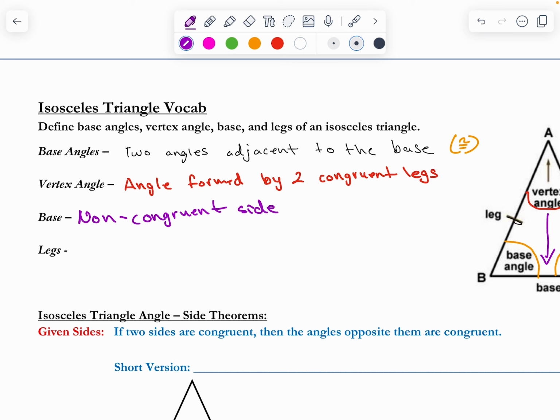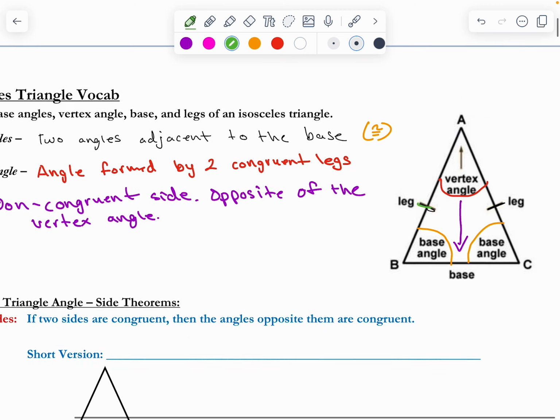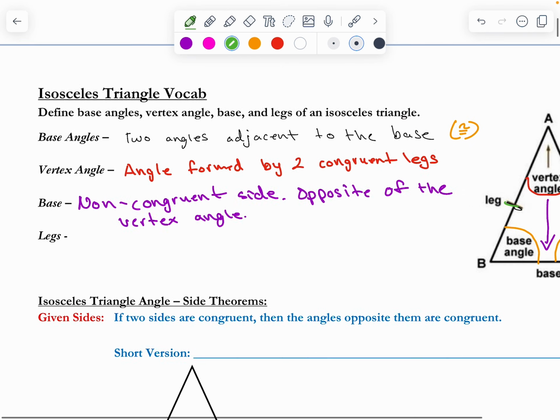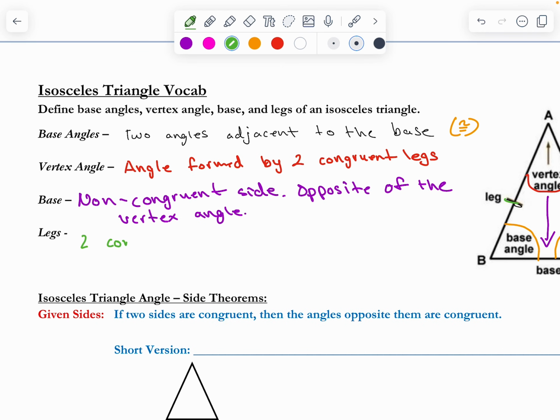Because it is not the same as the other two, and it is opposite of the vertex angle. And then obviously the legs are the two congruent sides here and here. Legs are two congruent sides. I don't know why I'm writing "congruent" instead of doing the congruent symbol, but it's okay.